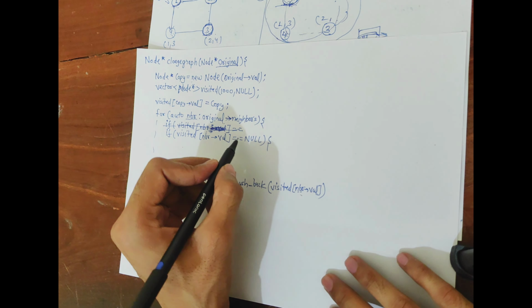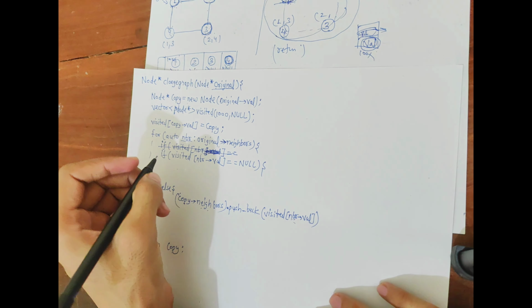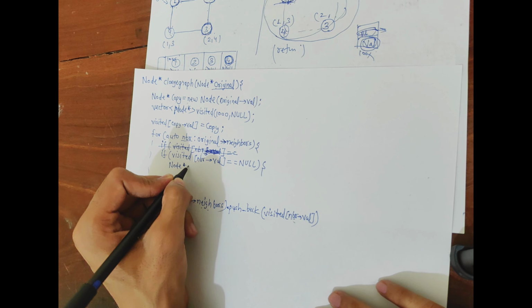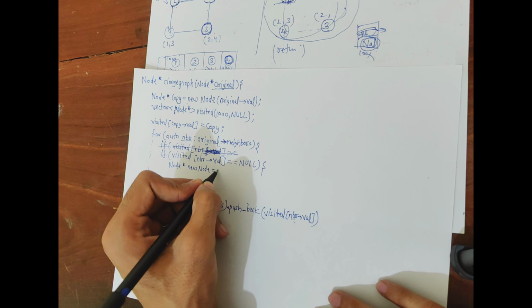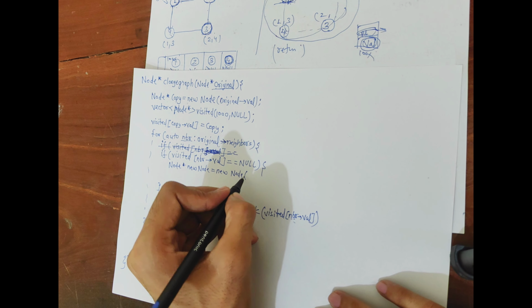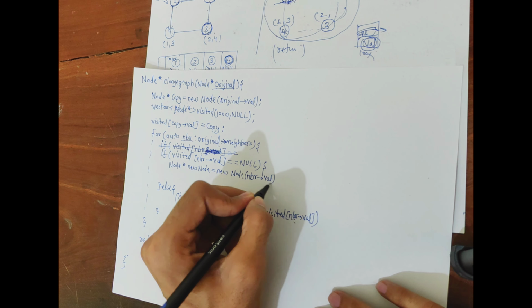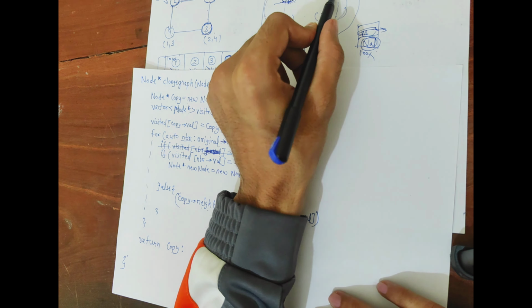Now first of all, if 2 is not visited, then I need to create that. So node, let's say new node, and I will say new node NBR value. I created that node, I am at 1 and I created 2.